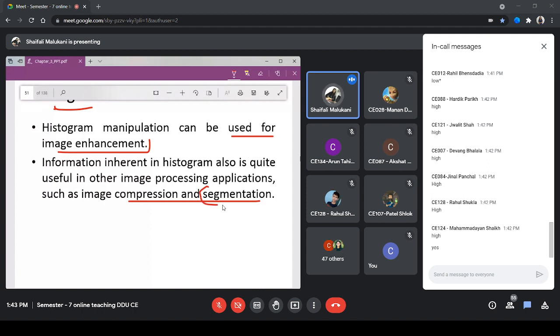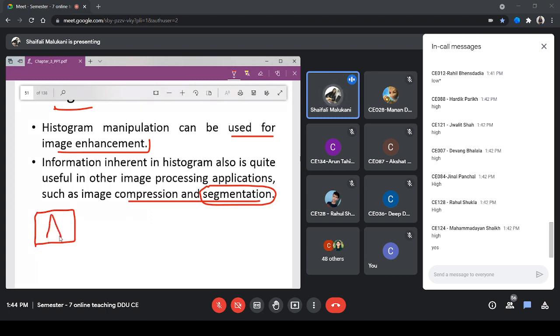Segmentation, do you understand? Segmentation is where I segment my image into foreground or background, or some object. I am separating out a certain region from the image. That is segmentation.